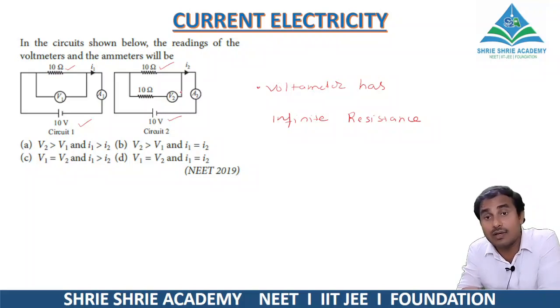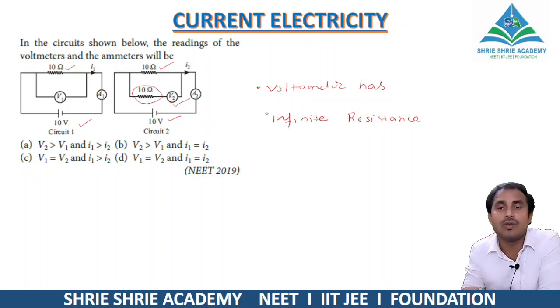The concept, as I told yesterday, is that an ideal voltmeter has infinite resistance. With infinite resistance, whatever you connect in series makes no difference. So what will happen here? Nothing is going to change.